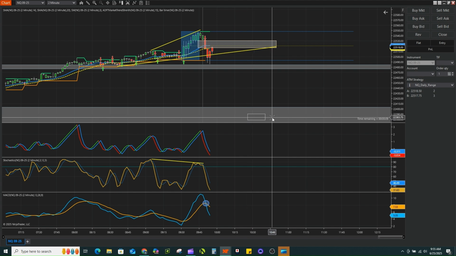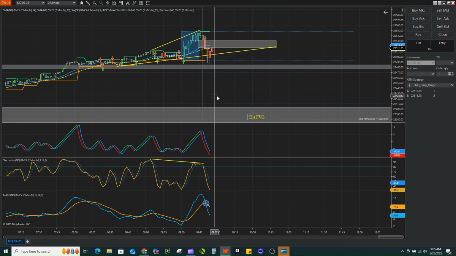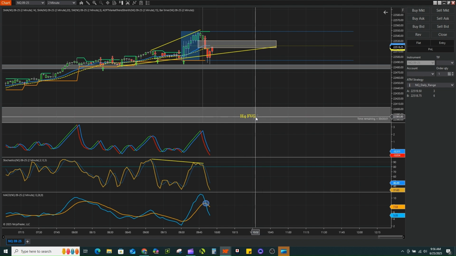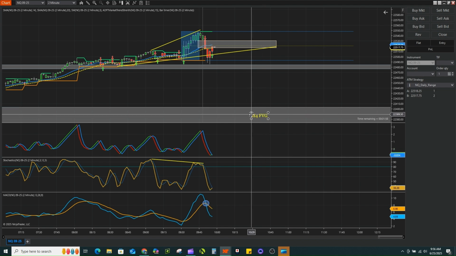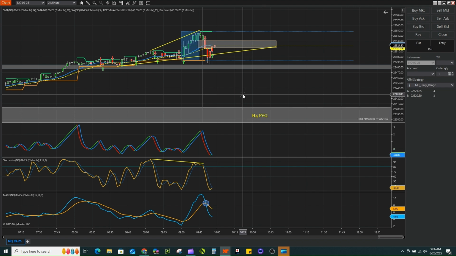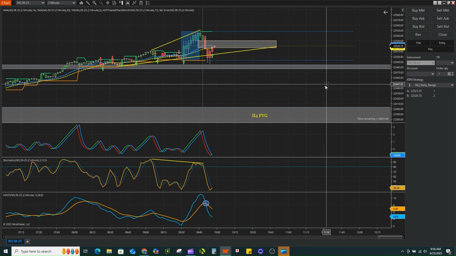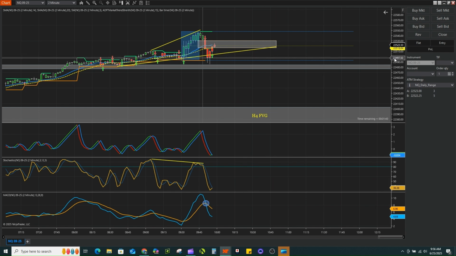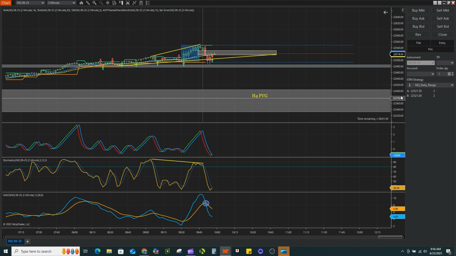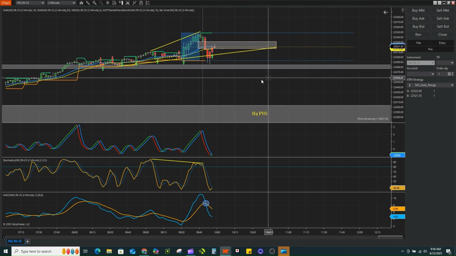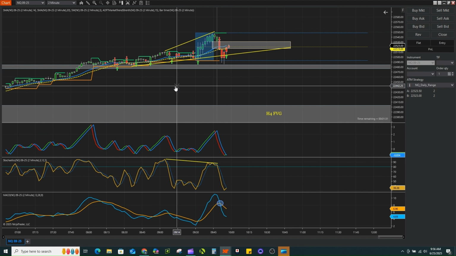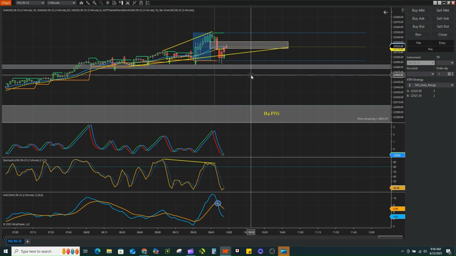Right on here, I'm noting the H4 fair value gap. That's a magnet. That's an area you would expect price to try and go back to fill. And then you have that support level, which is also a fair value gap on the 15-minute time frame.